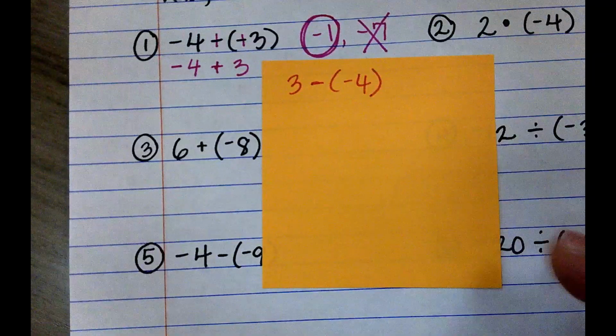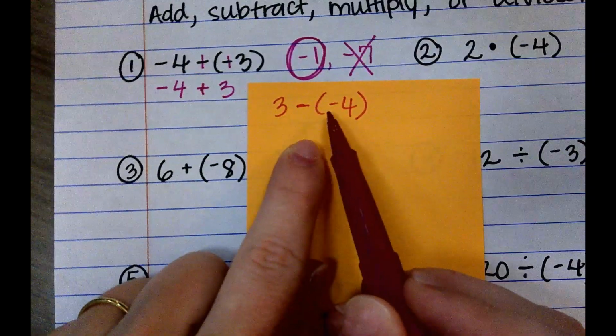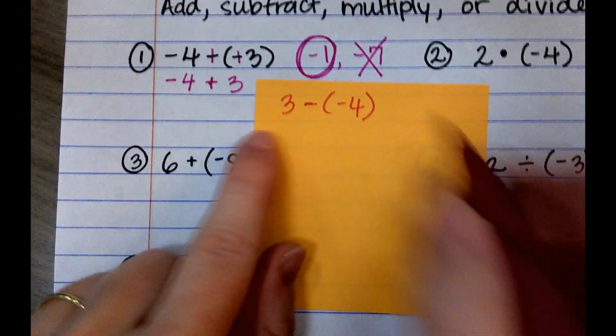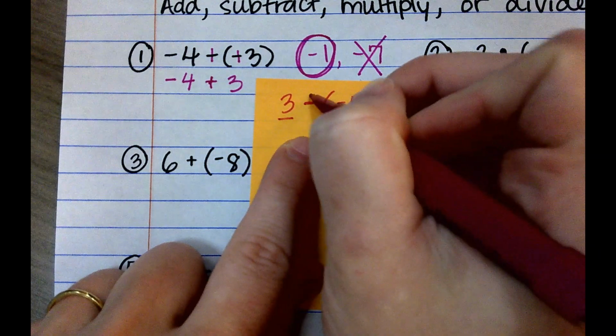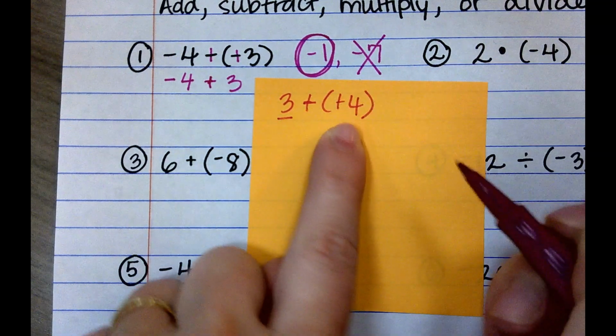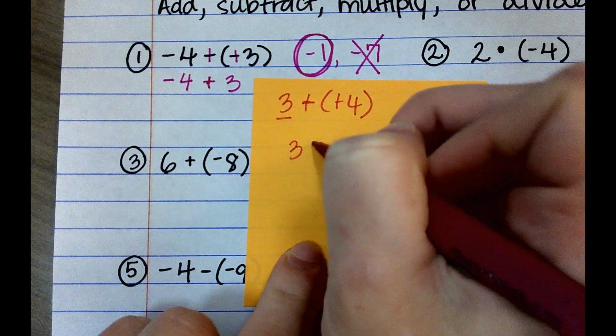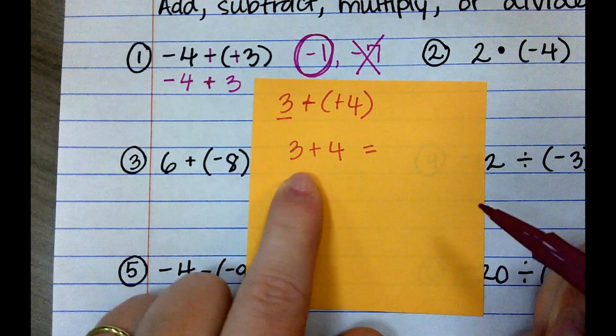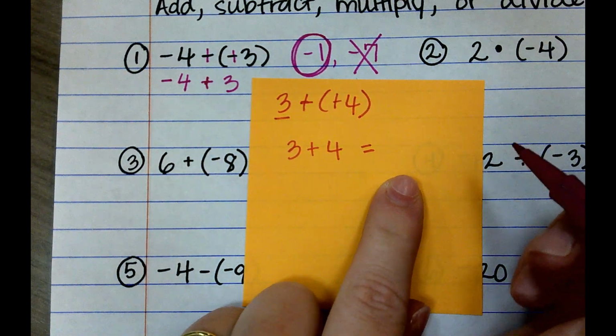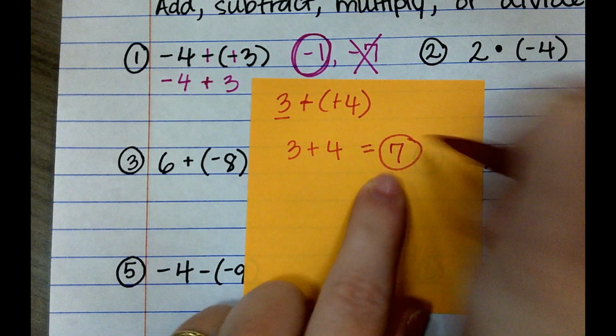If I had 3 minus -4, I would keep the 3, change to plus, change to positive. Now I have 3 plus 4, and that answer would be +7.